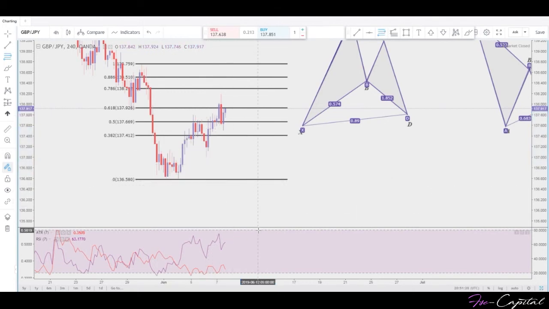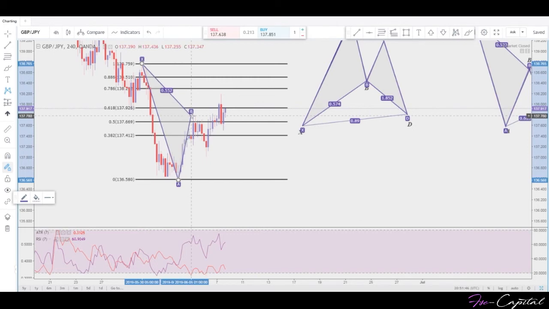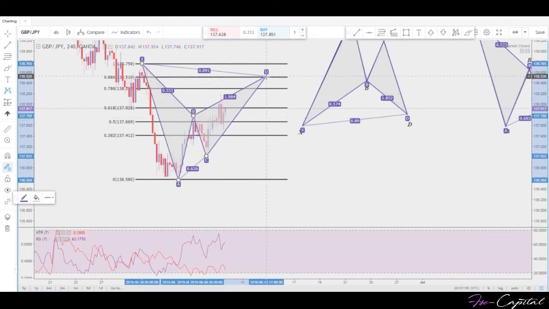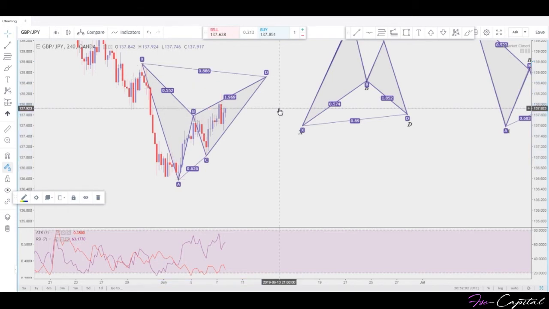Now I've got a potential advanced pattern setting up, and the completion will be X to A to B, B to C, and CD completion at the 88.6. And that's it, traders. So we have got a bearish bat pattern setting up on the 4-hour time frame for the pound yen.